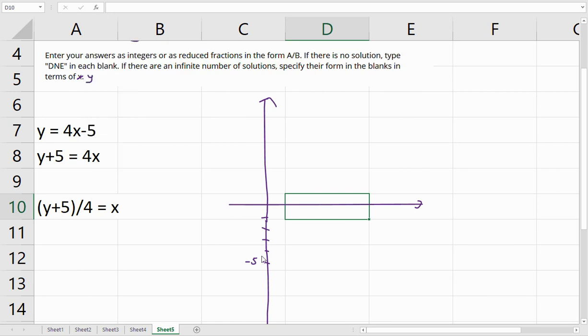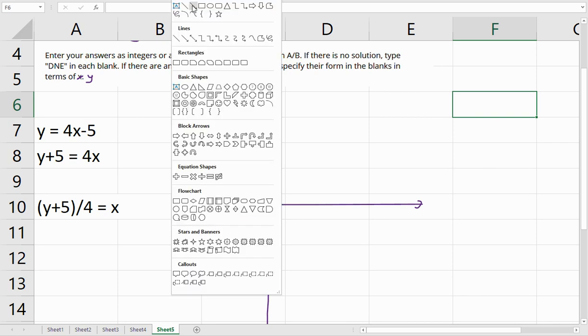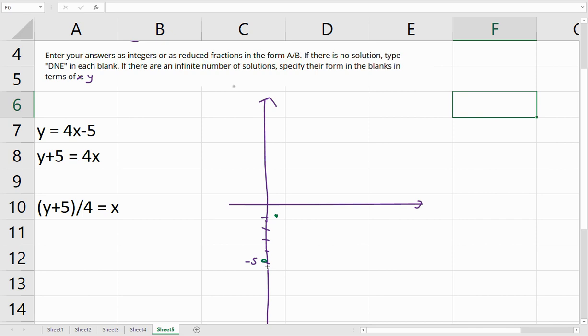I'll use green just so it's different looking. Also, move this highlighted box out of the way. And then I would use my slope, the slope is 4 here, so I would go up 1, 2, 3, 4, and over about 1 right about here, right? So I would have a line going through those 2 points, something like that.